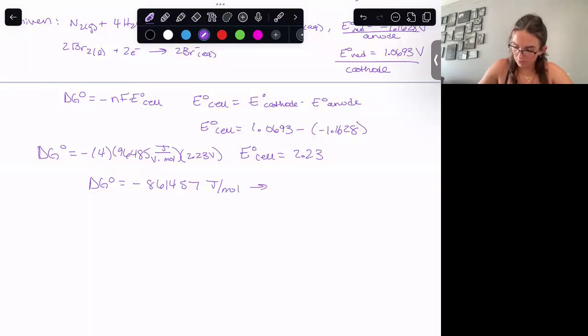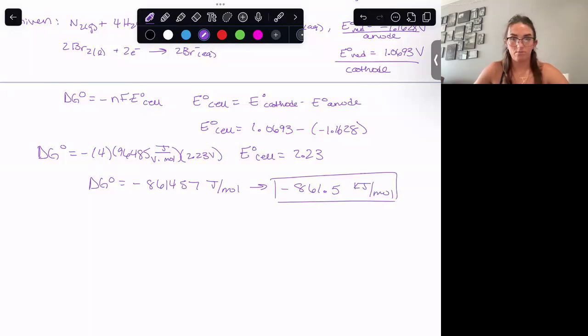So in order to get to kilojoules, this will be negative 861.5 kilojoules per mole. Right, if you're off by 0.1, then that should be close enough, I would say.